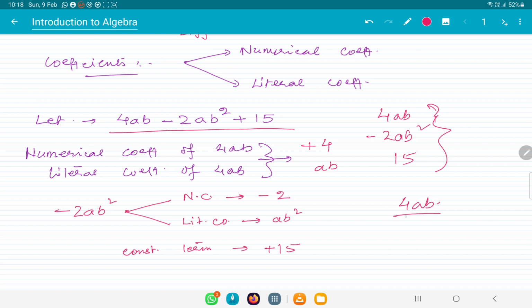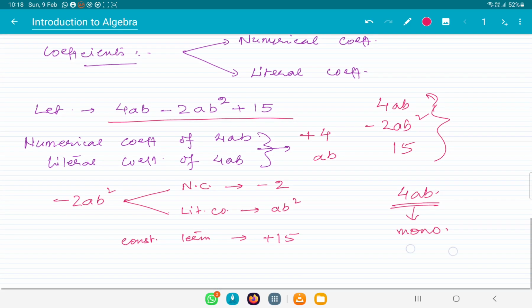If it is 2 terms, 4ab minus 2ab square, it is a binomial. So terms and monomial, binomial, trinomial are all related to each other.